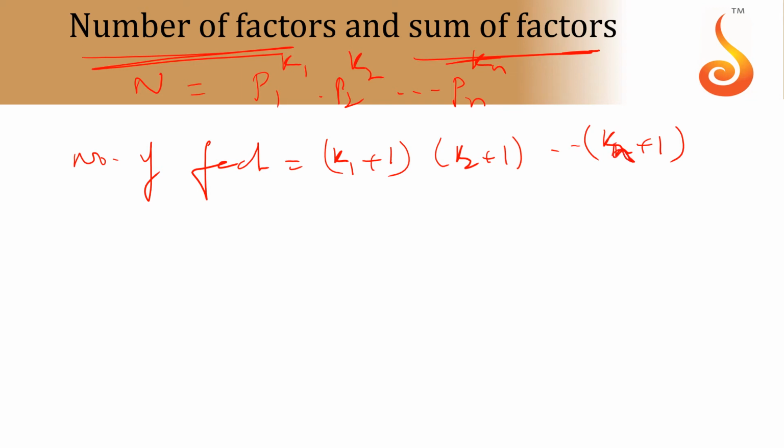It is nothing but the number of ways of selecting any number from the given things. Suppose k1 similar things are there, which are p1. How many ways can you select them? k1 plus 1 ways. Like that, because k2 p2s are there, kn pns are there, the total number of ways of selecting is (k1 plus 1)(k2 plus 1) and so on, (kn plus 1). Now what will be the sum of the factors?